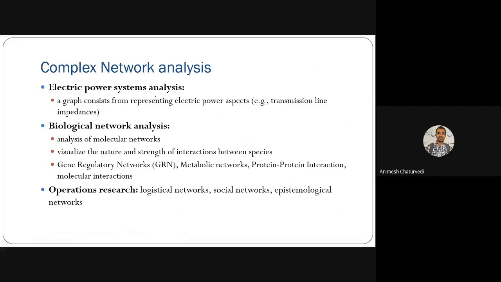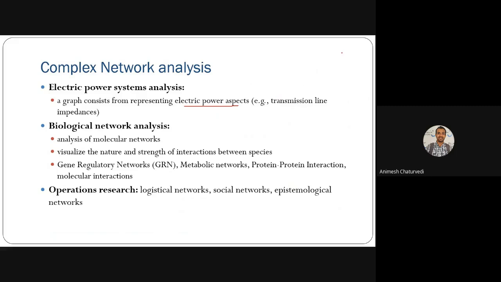Electrical power system analysis. Various electrical power systems and devices could be there, and various transmission lines or impedances could be marked as edges. So devices could be the vertices, and the impedance or transmission lines could be edges.